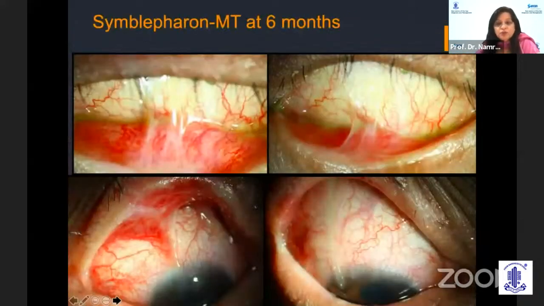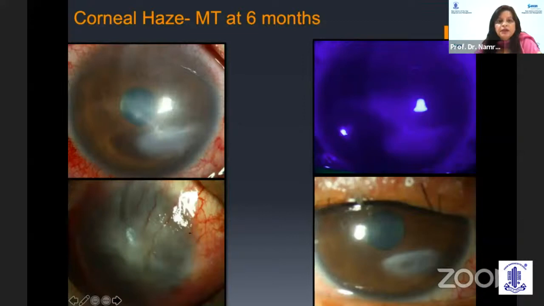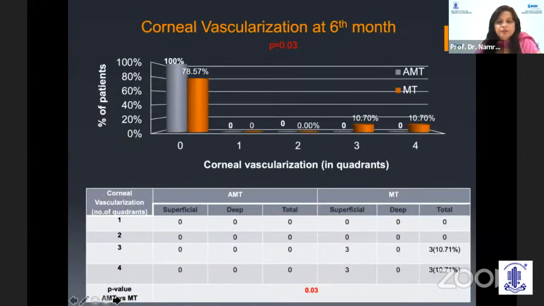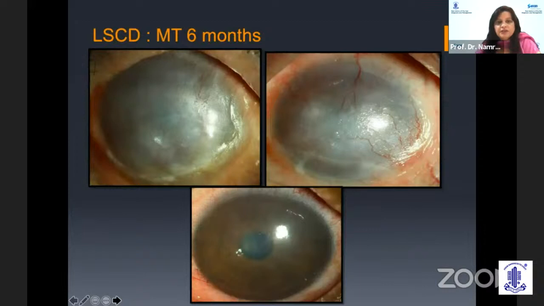Again, symblepharon was more in those cases where we had not done an amniotic membrane transplantation, and this is the medical therapy group. Corneal haze was more in cases where we had not done the amniotic membrane transplantation, and this is the medical therapy group. Again, vascularization was less in those cases where amniotic membrane transplantation was done, and this is the group where it was not done.